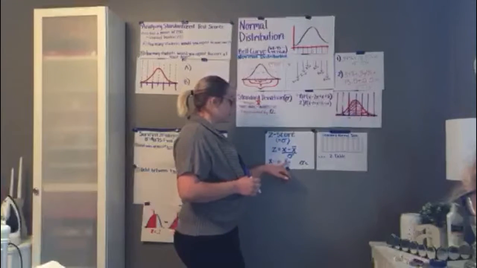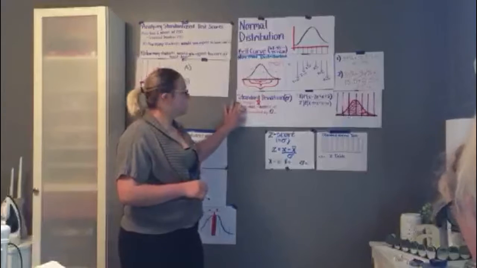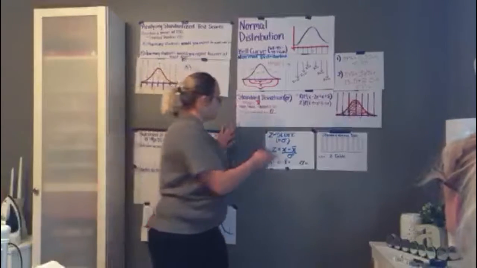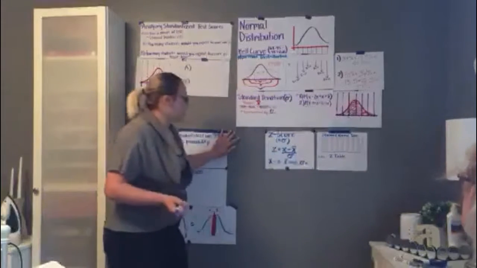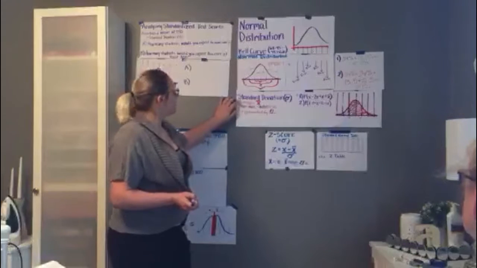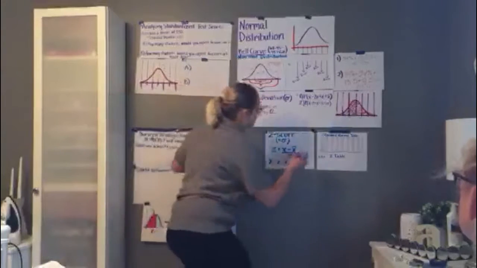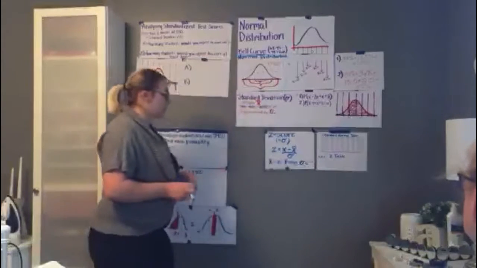And your x bar, do you remember what that stands for? The mean, or the average. And the sigma letter, do you remember what that stands for? The standard deviation. Yes. Okay.